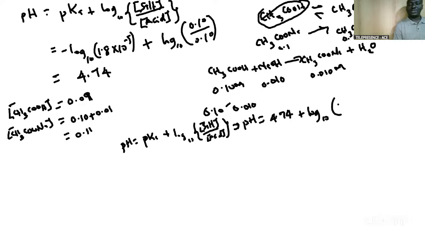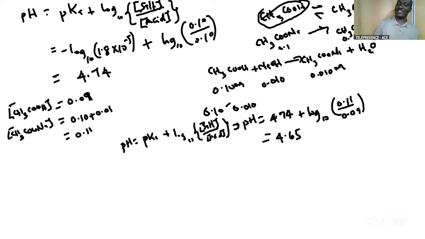And that gives me 4.74 minus the log of 0.11 divided by 0.09. Okay, and my value is 4.65. So what happened here?